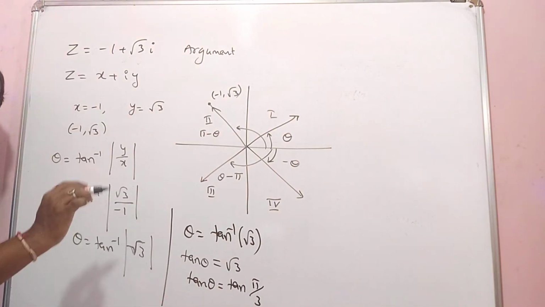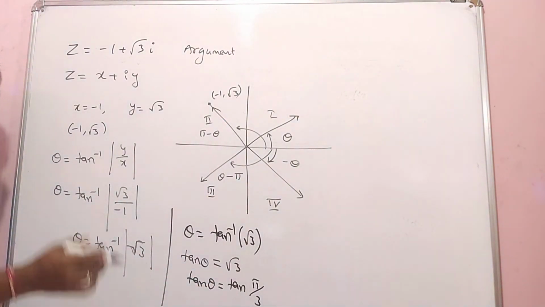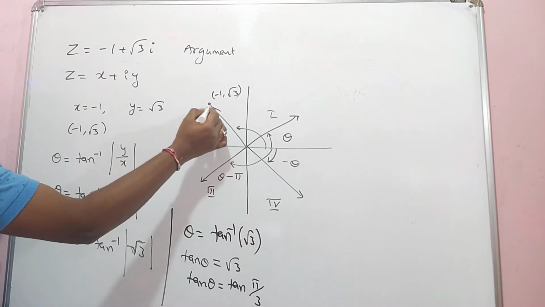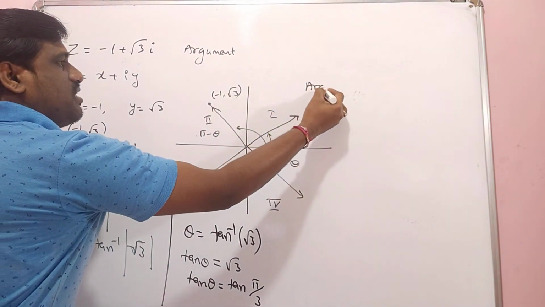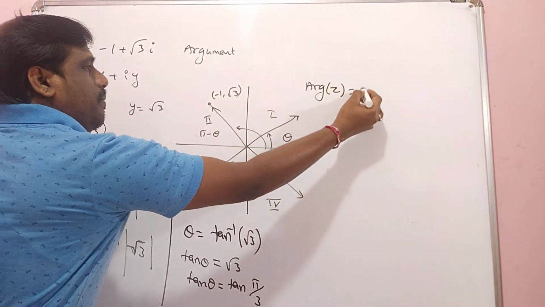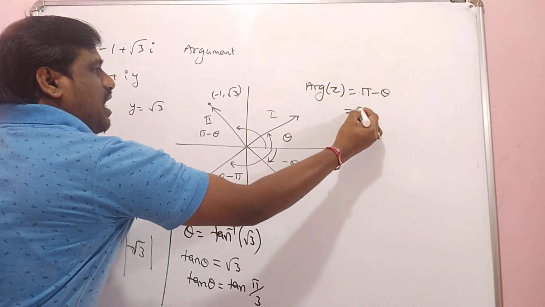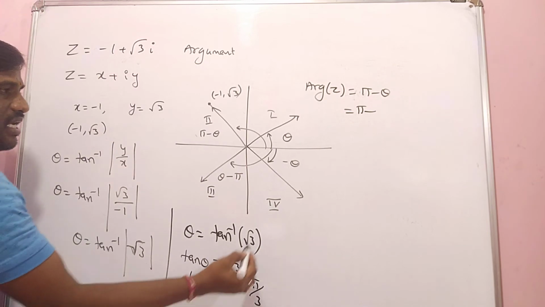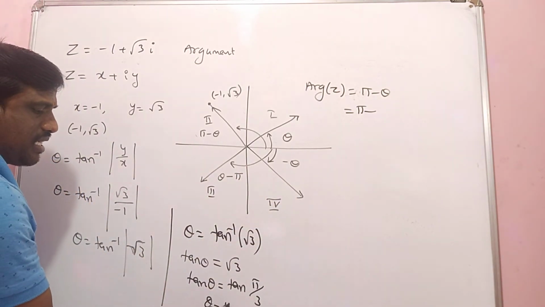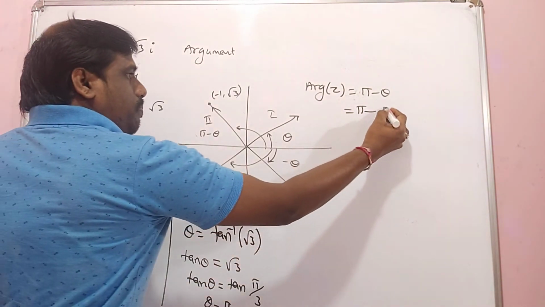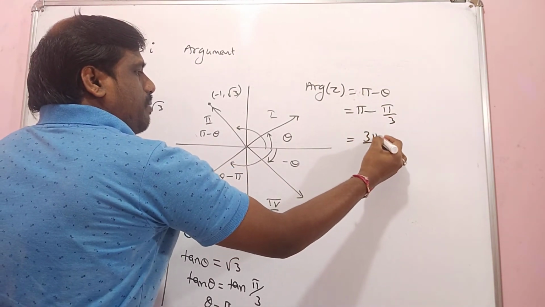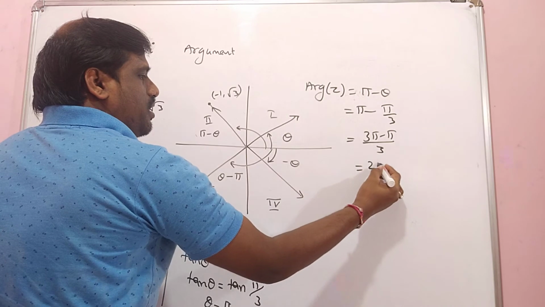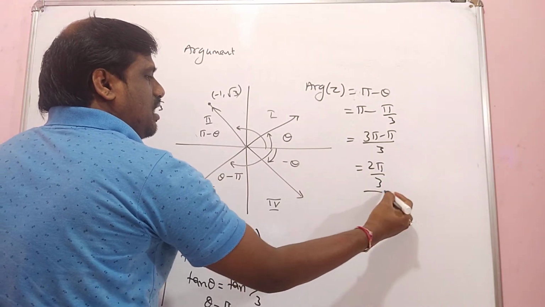So the answer is pi by 3 for this theta. But the argument in the second quadrant means pi minus theta. So the argument of this complex number is pi minus pi by 3. Taking the LCM, 3 pi minus pi, I get 2 pi by 3 as the answer.